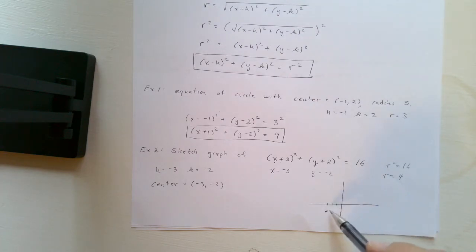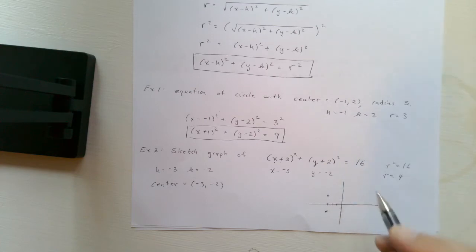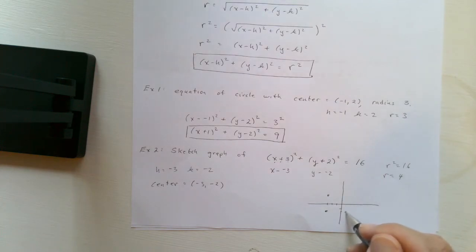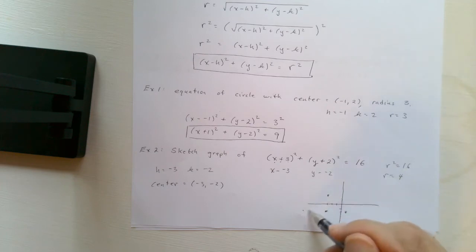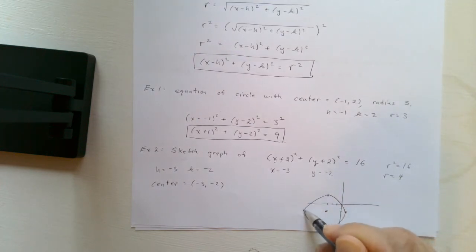So we can go up 4 units from here: 1, 2, 3, 4. Go 4 units in this direction: 1, 2, 3, 4. And again, 1, 2, 3, 4. So it's going to be something like this. It's not a very nice circle the way I draw it, but that's supposedly a circle.